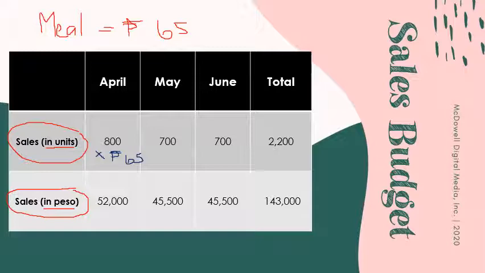Okay? So, on May naman, let's say, na-forecast mo naman to na makakabenta ka ng worth 700 na number of meal, same siya ni June, and then, same pa rin yung process, ita-times mo siya sa price, sa 65, and then you have here 45,500 and 45,500.